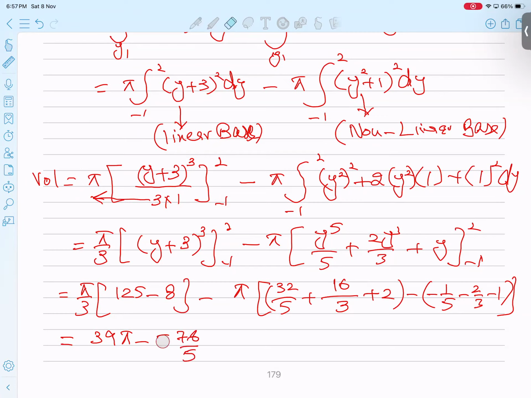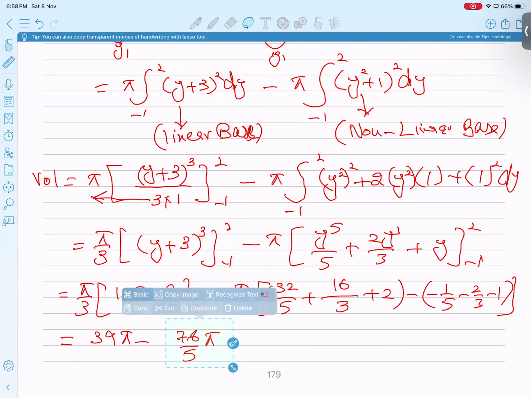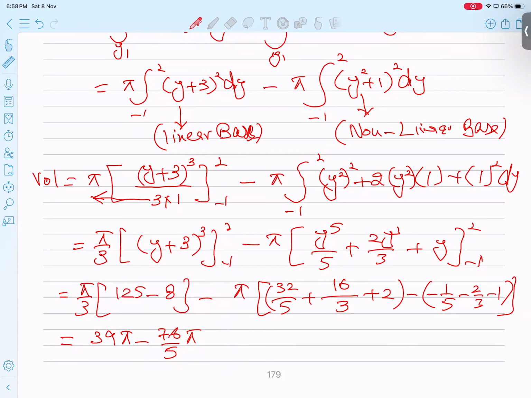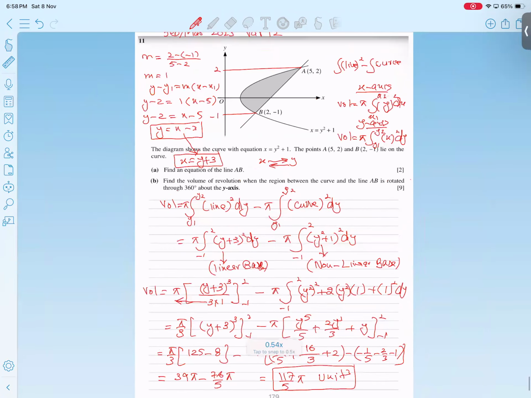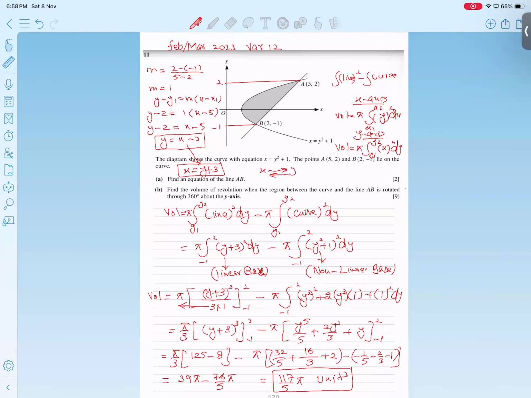Or pi I can write afterwards, no issue at all. So I think the point is very clear. Now from 39, if I subtract this answer, I get 117 over 5 pi unit cube, because this always gives volume. Okay, as he asked us to find the volume. So Alhamdulillah Rabbil Alameen, the point is very clear.